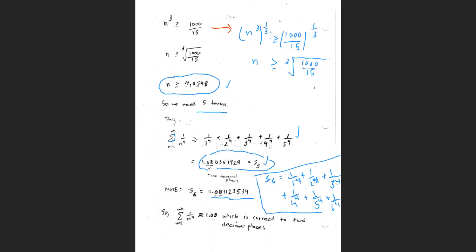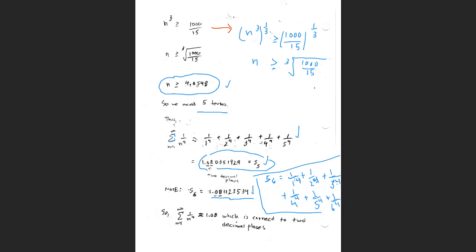So this shows that if you add more terms to the series, like the 6th partial sum, which is 1 more term, if you take the 5th partial sum and add another term, you get the 6th partial sum.